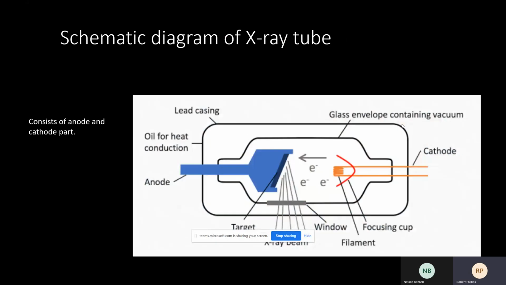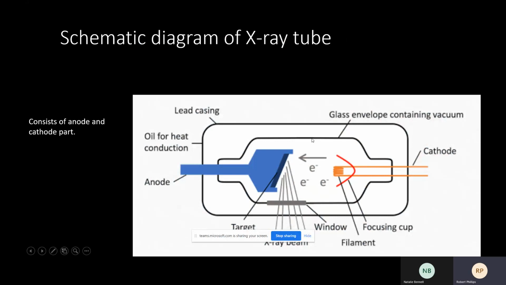This is a schematic diagram of X-ray tube, which consists of anode part, shown here, and the cathode part. Cathode is made up of tungsten filament. It has a focusing cup. Anode is made up of alloy of tungsten. X-ray tube also contains a window through which X-ray beam comes out of the X-ray tube.